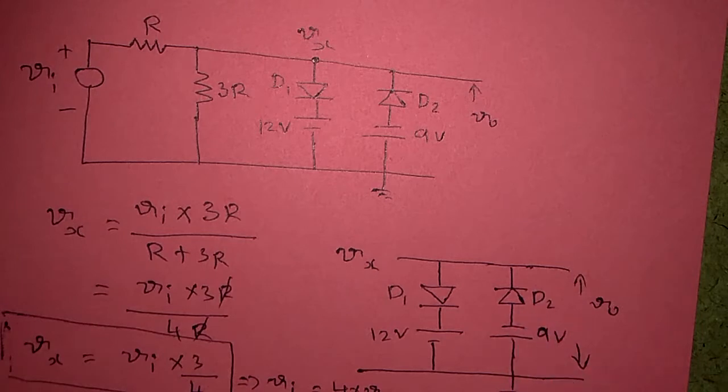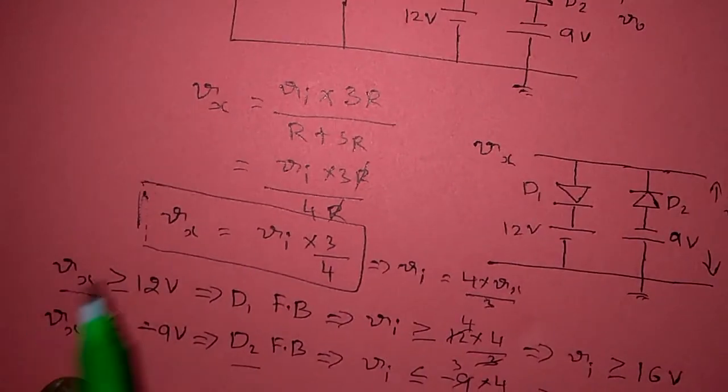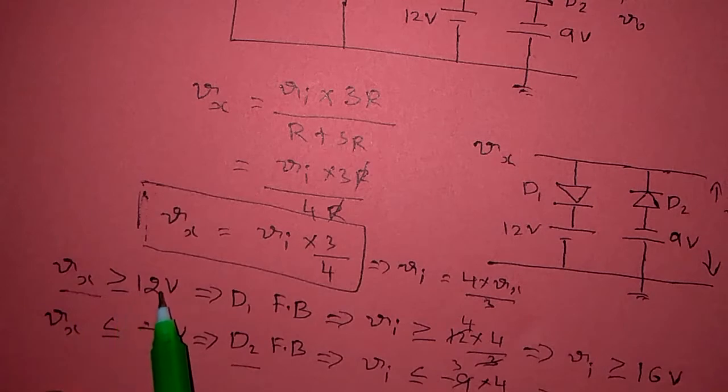The condition for forward bias is when the anode voltage is greater than the cathode voltage, then the diode enters into forward bias. Since the cut-in voltage is not mentioned here, we can take it as 0. So the condition is, whenever our voltage Vx is greater than or equal to 12 volts, then diode D1 will enter into forward bias and it will conduct.